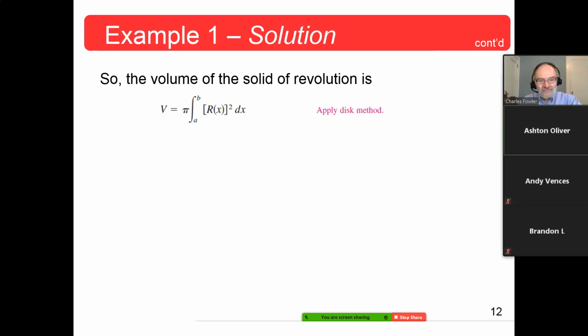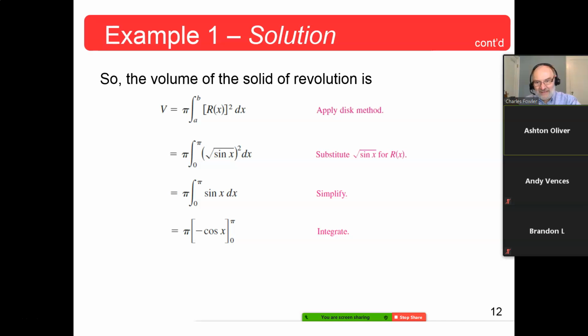All right, so there's the volume. The radius squared, but the radius was the square root of sine x, so the radius squared is the square root of sine x squared, and that would then be pi times the integral from 0 to pi of sine x dx. And just like I believe Ashton said, that is pi times the minus cosine x from 0 to pi.